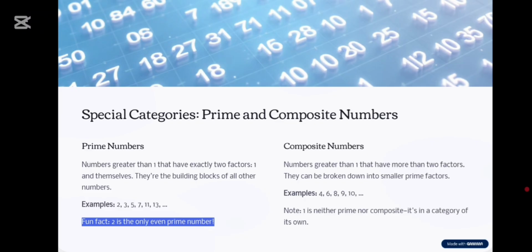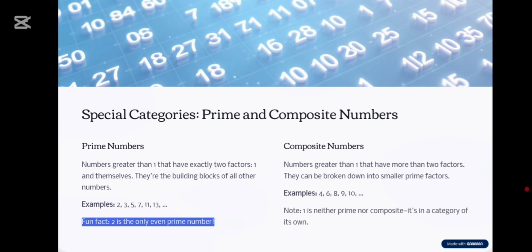The fun thing is that 2 is the only even prime number. Mind you, 2 is an even number because even numbers, when we divide by 2, don't leave a remainder. It is also a prime number.